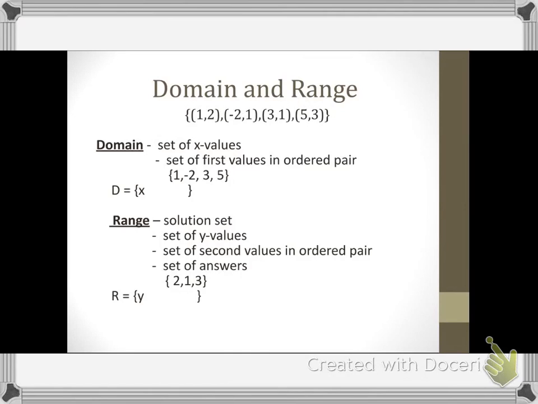Now we can use set builder notation again to represent our range. So our range equals the set of all real numbers y such that y equals 2, 1, and 3. So the domain is my set of x values. The range is my set of y values.